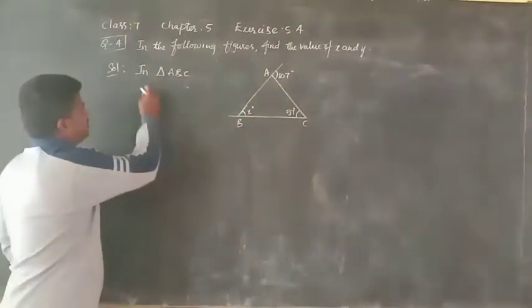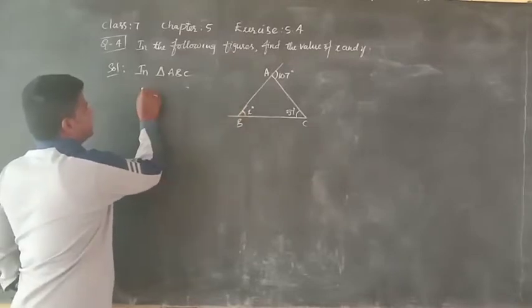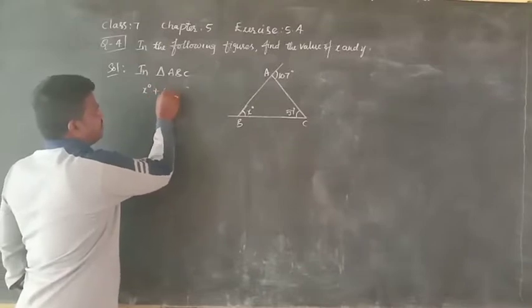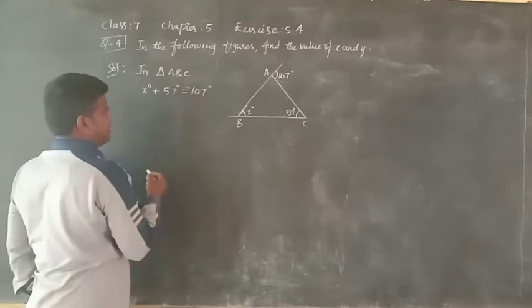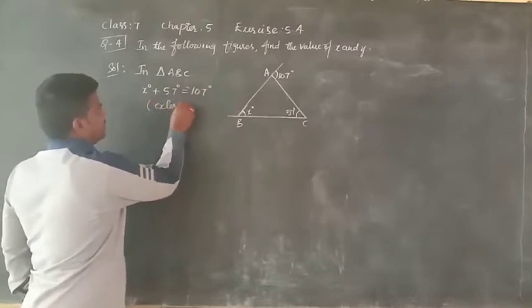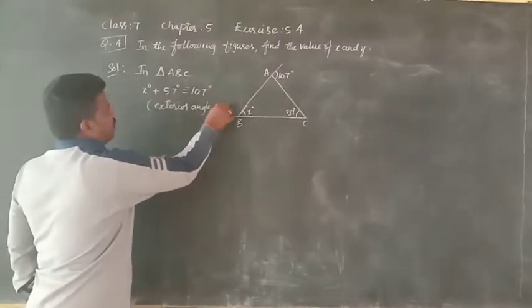First of all, write the angles: x degrees plus 57 degrees is equal to 107 degrees, which means exterior angle property.